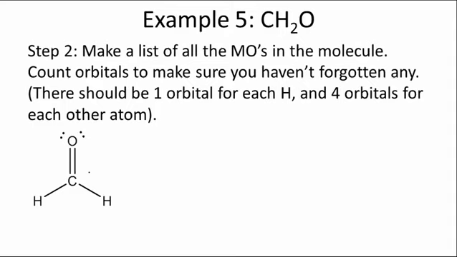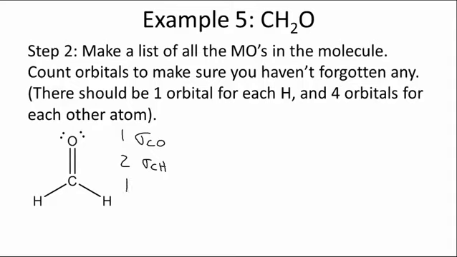So then step 2, make a list of all the MOs in the molecule. All right. So what orbitals did you come up with in looking at the Lewis structure? Sigma CO. How many of those? 1. All right. Sigma CH. How many of those? 2 sigma CHs.